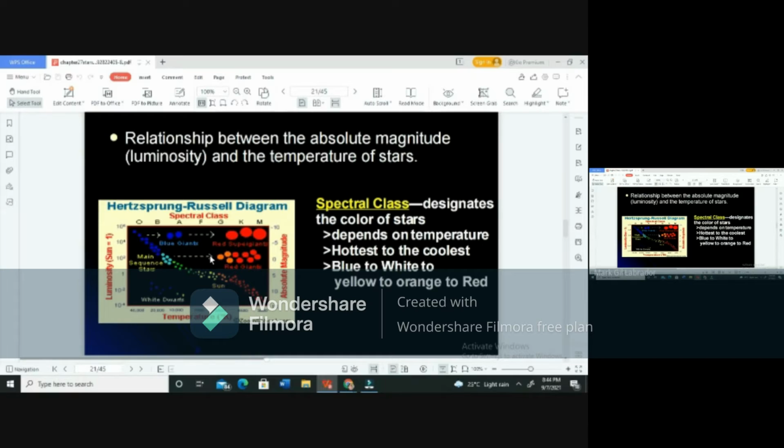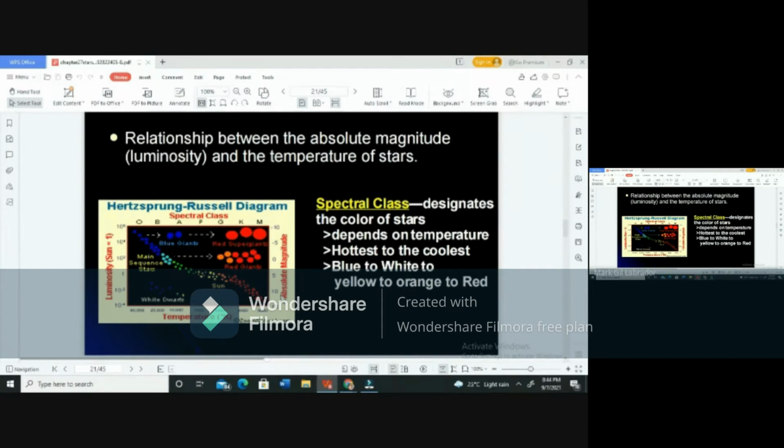And also we have the white dwarfs. Spectral class depends on temperature from hottest to the coldest star. Aside from sun, meron pang mas maiinit na mga stars. So, blue to white, to yellow, to orange, to red.